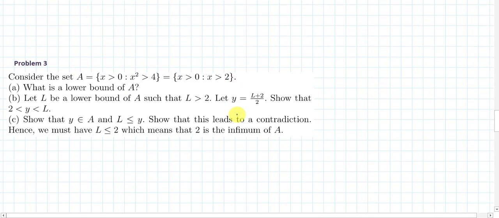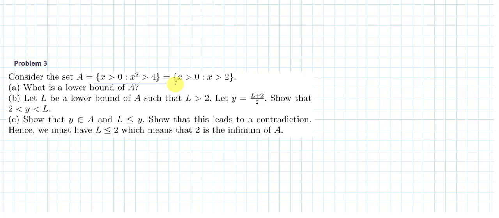Okay, the next example. Consider the set A, x greater than 0, and x squared, such that x squared is greater than 4. What's the lower bound of A? Then let L be a lower bound of A such that L is greater than 2.